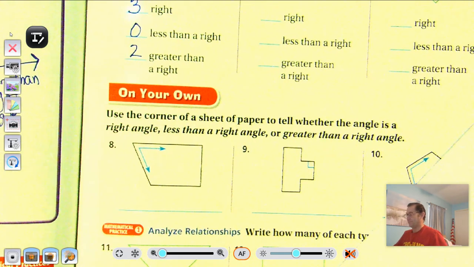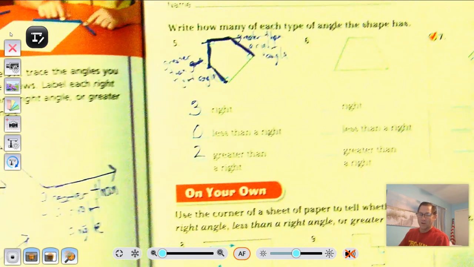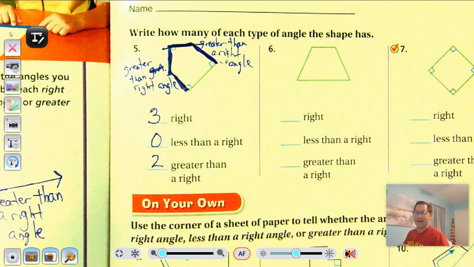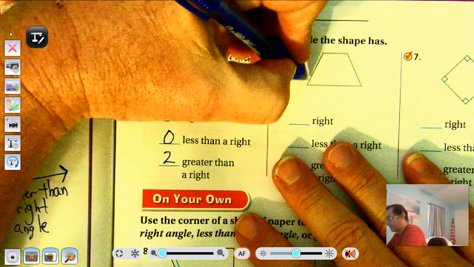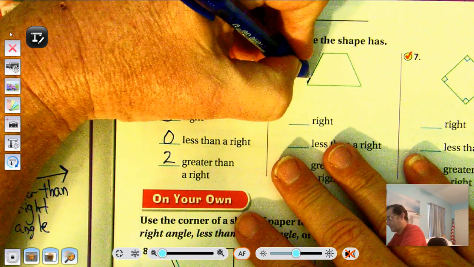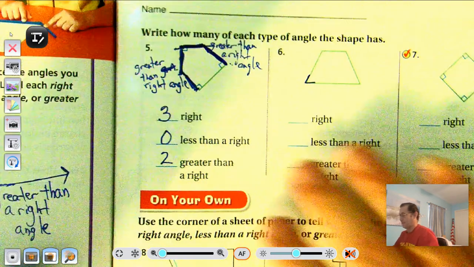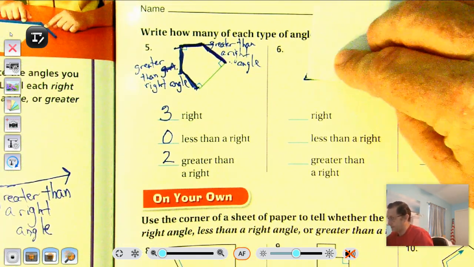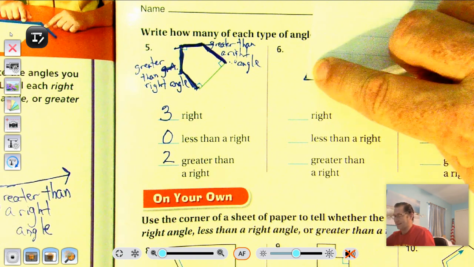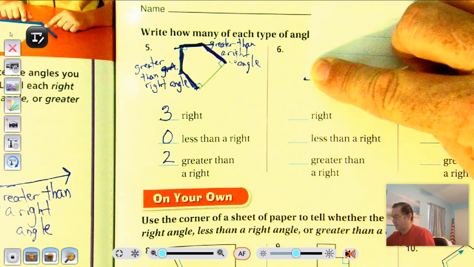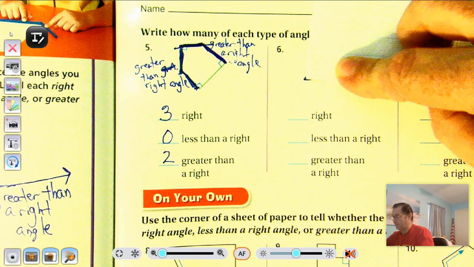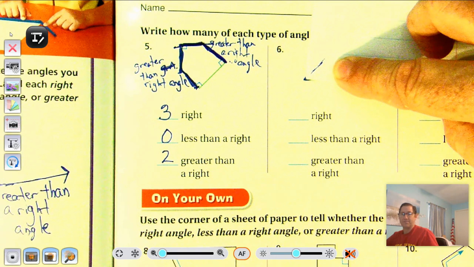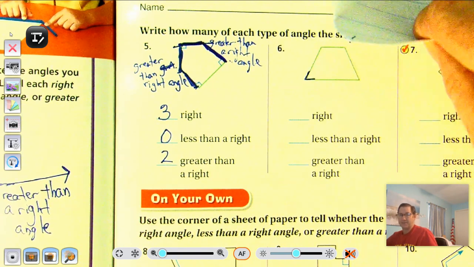All right, how about this one, number 6? I see no blue symbols, so I'm going to assume that's going to mean no right angles. But let's start with this angle here. Put the edge of your paper along one of the line segments. Put the point at the corner or vertex of the angle, and you notice that it would be inside the paper. It's under the paper.